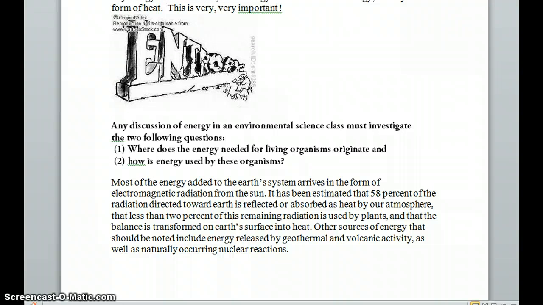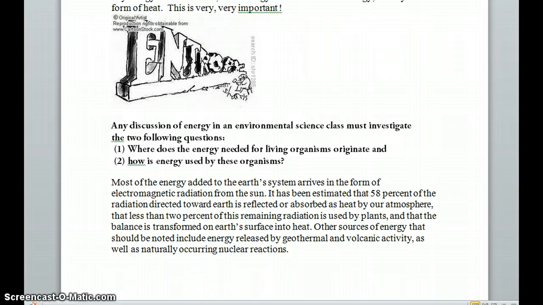It's been estimated that 58% of the radiation directed toward the Earth is reflected or absorbed as heat by our atmosphere, so it's lost to us in usable form. Less than 2% of this remaining radiation is used by the plants, and the balance is transformed on the Earth's surface into heat.